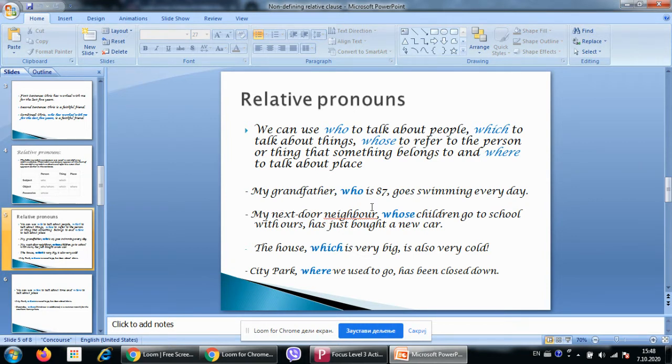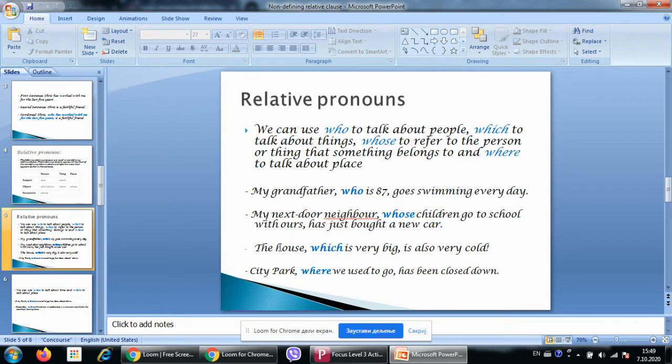My next door neighbor, whose children go to school with ours, has just bought a new car. So in this case, we used whose because we are referring to the person that something belongs to. In this case, it's my next door neighbor. So it gives us information that his children go to school with ours.